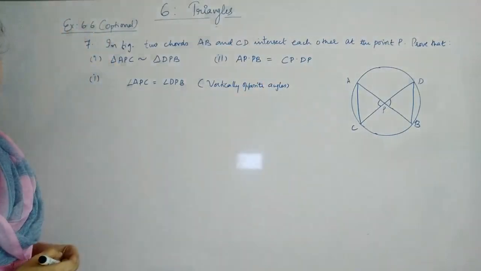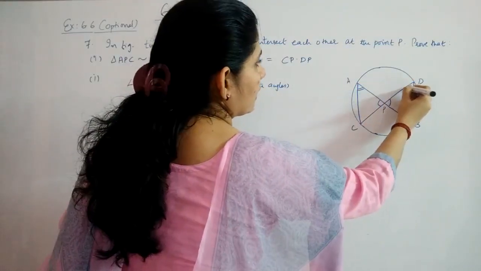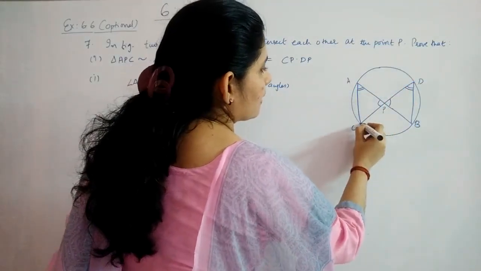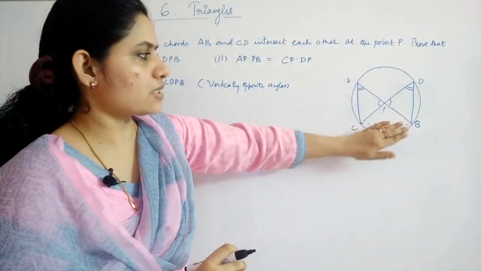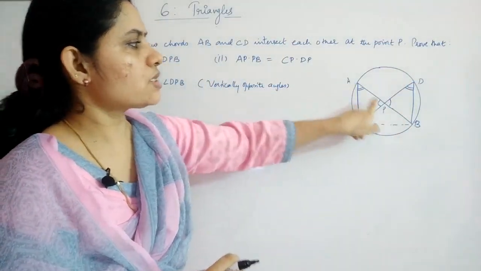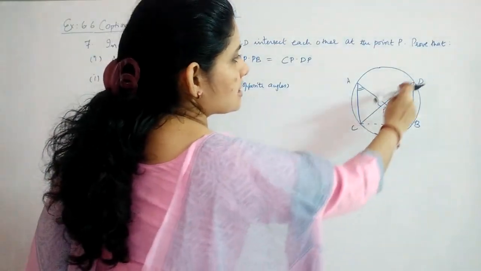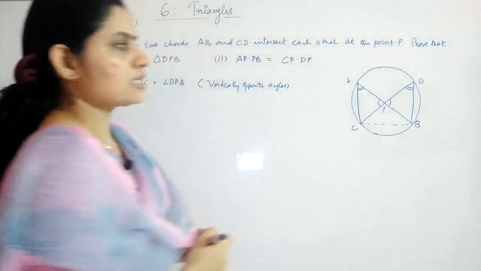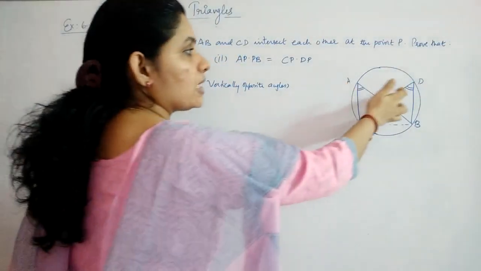Okay, next thing is this angle will be equal to this angle. Why? Because if I have two segments, this side and this one, these two angles, that means angle CAB and angle CDB, they are lying on the same segment and the angles on the same segment will be equal in measure.